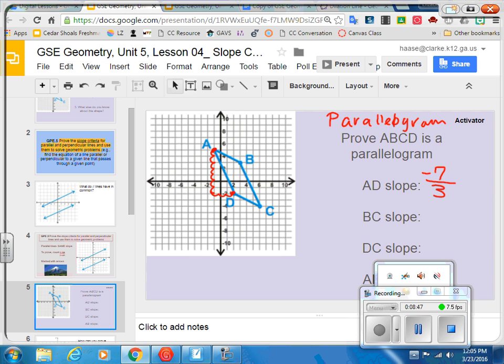What will the slope of BC have to be in order for these to be parallel? -7 over 3. It's got to be the same, right? So let's check it out. If we start at B, count the spaces. How many do you have to go? Are we going to have to go down again? Yes, and we're going to have to go over. Count it and see if it's -7 over 3.